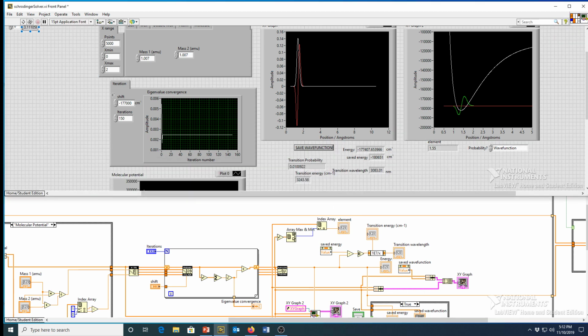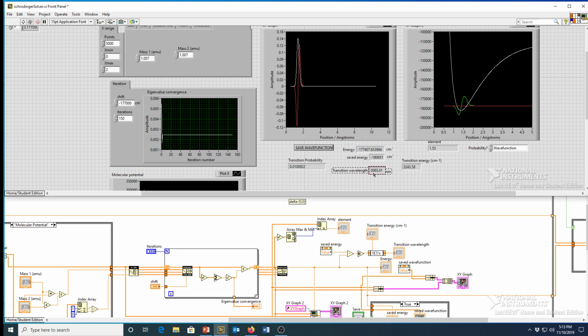Okay, run it again. So 3,200 inverse centimeters. That's actually pretty close to the vibrational frequency of a molecule like this. For H2, I believe the vibrational frequency is more like 3,800 or 4,000 or something like that. Remember, we solved it in one dimension, and this is also H2 plus and not H2. But this is a reasonable vibrational frequency.